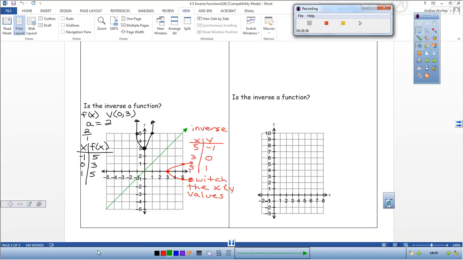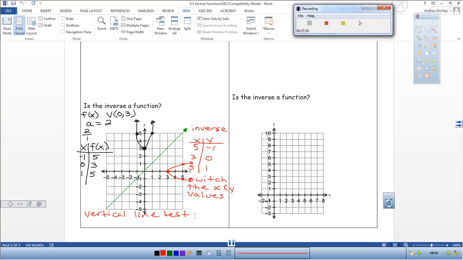Okay. Then we have to remember if this is a function or not. Remember at the very beginning of the year we did a vertical line test. I took a vertical line, I went across my graph, and if it touched in two spots, would that be a function? No. Since my x repeats, 5 and 5, it repeats, this is not a function.